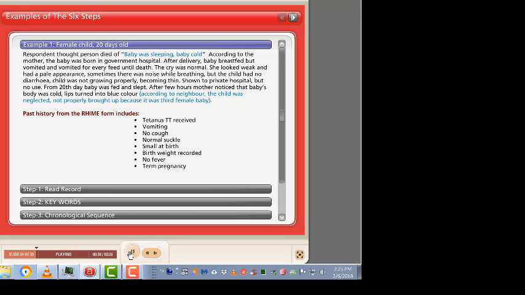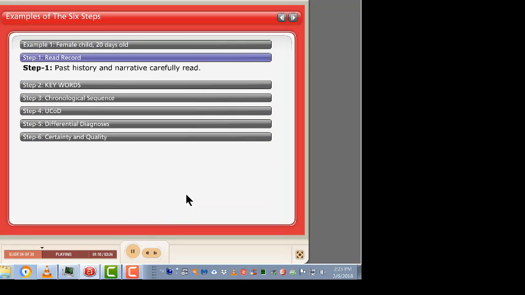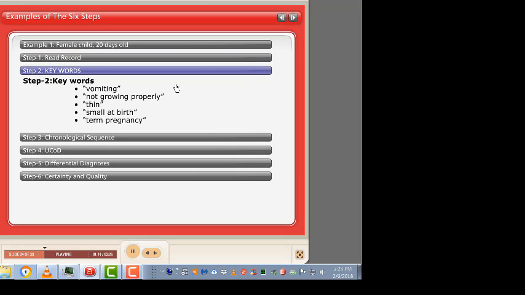Example 1. Since we can't illustrate a careful reading of the narrative, we will begin analyzing the example on step 2. Step 2. Keywords: vomiting, not growing properly, thin, small at birth, term pregnancy.